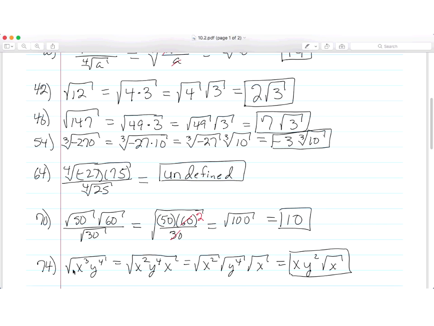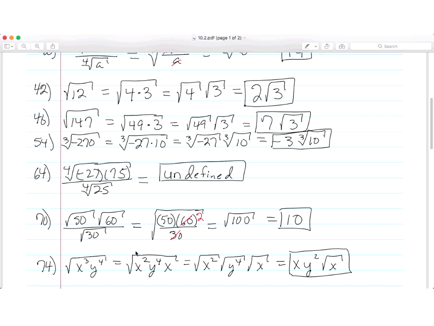And so let's write x cubed as the product of a perfect square times whatever. Well, what is the largest multiple of 2 that's less than 3? Well, 2. So let's write x cubed as x squared times x. Y to the fourth is already, well, 4 is already a multiple of 2.